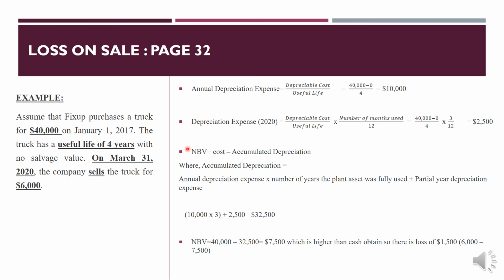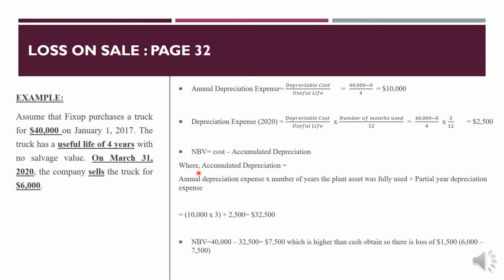During 2020, the company only used the truck from January 1 till March 31, so we have a partial year. So we have depreciable cost over useful life times number of months used over 12, and thus we have a result of $2,500 as the depreciation expense during 2020.